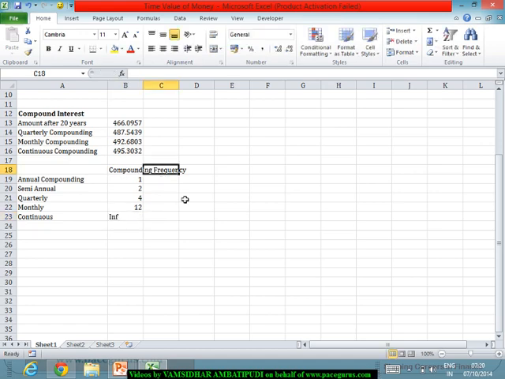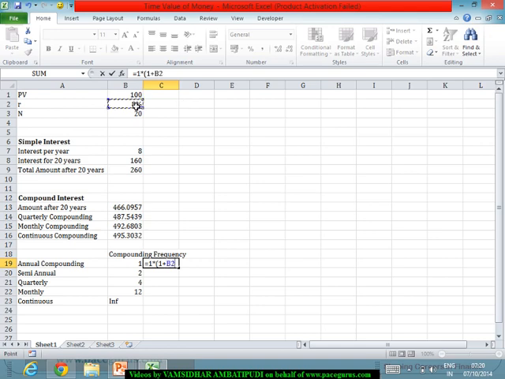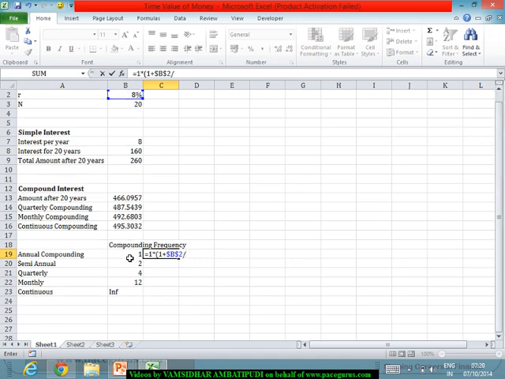So based on that, if I look at the value after 1 year for a $1 investment, I can look at it like present value, which is 1 times 1 plus the rate of interest divided by the number of compoundings in a year, to the power of the number of times compounding happens in a year.